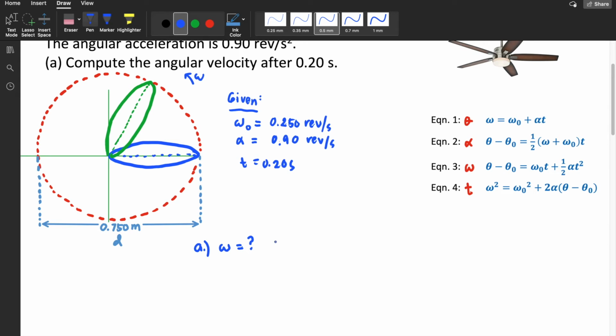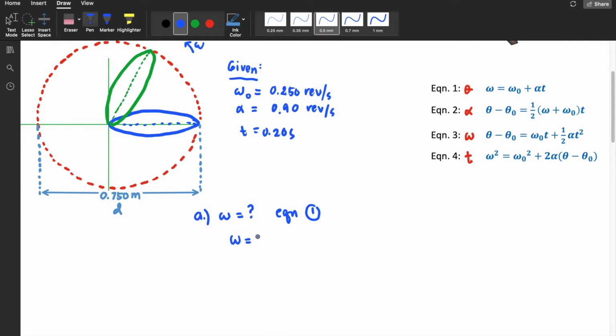Only one equation can be used, and that would be equation 1: omega is equal to omega naught plus alpha times t.